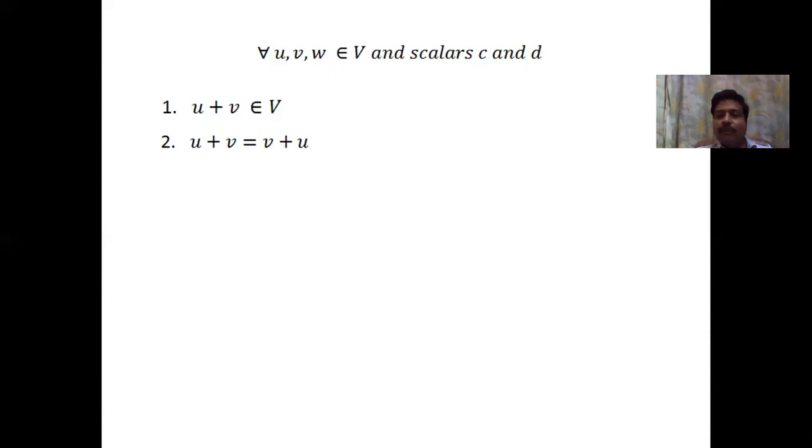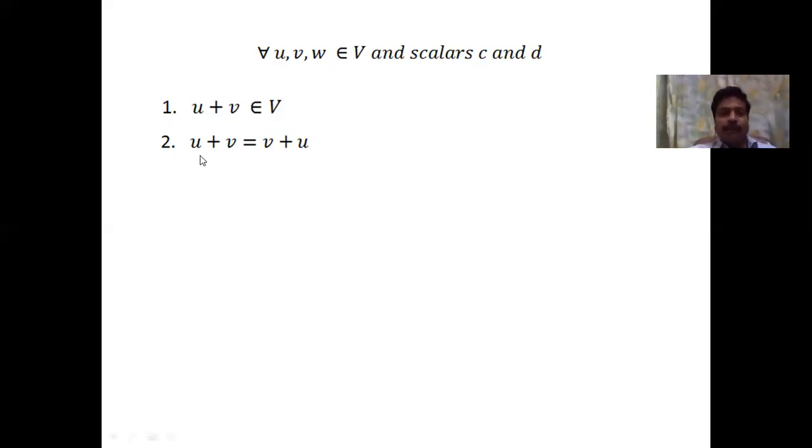Once you wear a shoe, you can't wear socks. So here it is not possible or awkward. The situation is different: u plus v is not equal to v plus u. That should not happen in a vector space. So the vectors which satisfy this property are said to hold this condition. This is our second property.